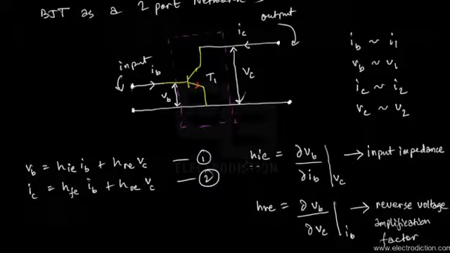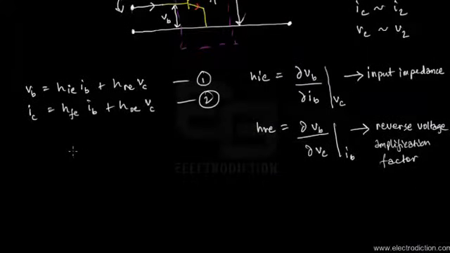These H parameters explain certain properties of the BJT devices that are used very frequently while analyzing BJT based amplifiers and their performances. Other than these, we have 2 more H parameters.